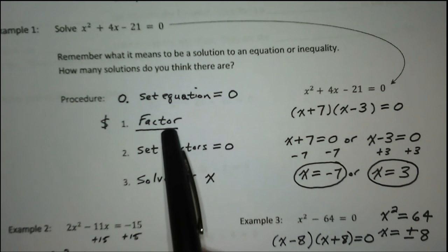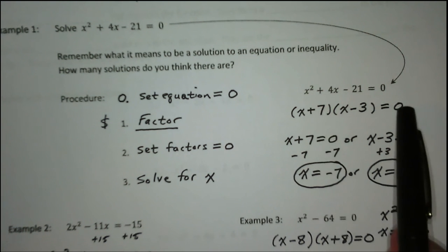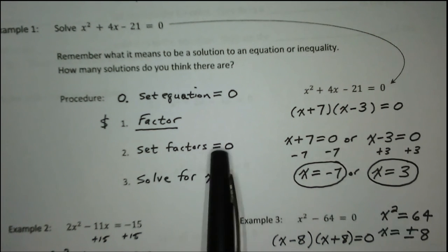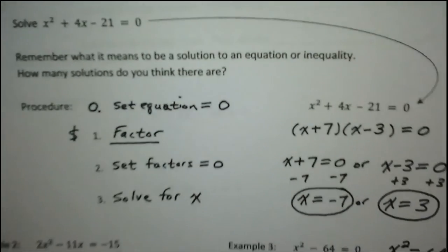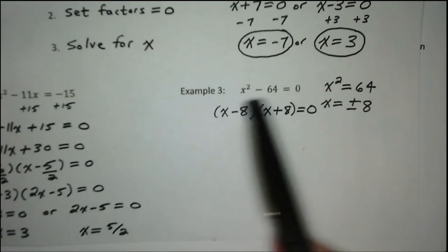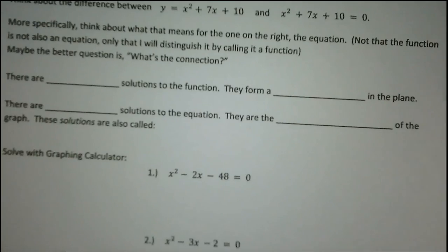Then you factor. And since you have factors that are multiplying equal to 0, you set the factors equal to 0, and then you solve for x. That is overall the summary, okay? I know there's a couple plot twists along the way, some interesting example types, but that's essentially it.